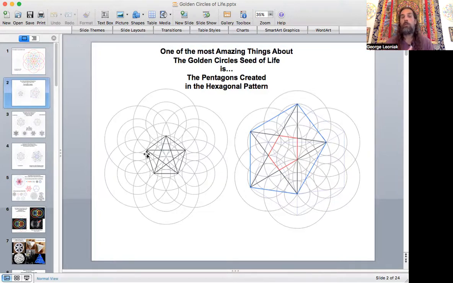But there's so much more to it than the one pentagon that we see here, because my intention in working with it was how the Platonic solids were going to fit into this pattern, because I knew that the flower of life and the seed of life by themselves, without a phi ratio relationship, would not produce the dodecahedron and the icosahedron, the two Platonic solids that have pentagon faces included in the geometry, or pentagons related to the geometry.